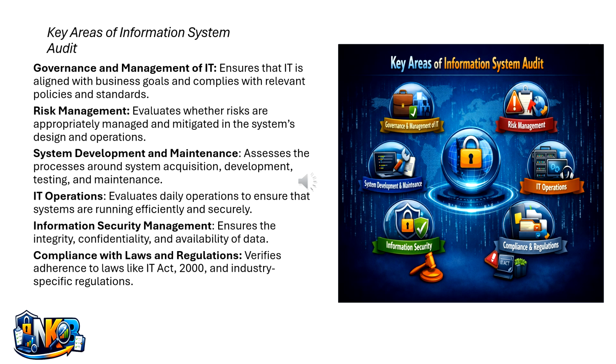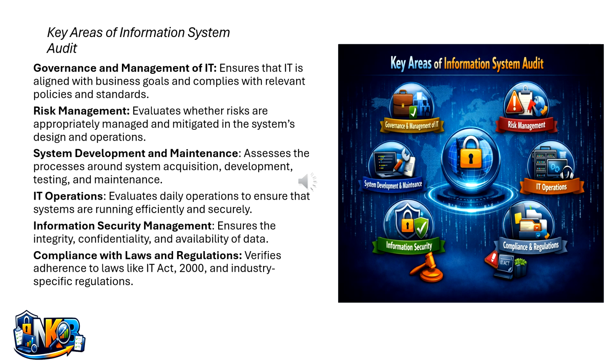The third one is system development and maintenance. This focuses on how systems are acquired, developed, tested, and maintained to ensure reliability and accuracy. Fourth is IT operations, where auditors check whether day-to-day operations are efficient, secure, and supporting the business needs. Fifth is information security management.